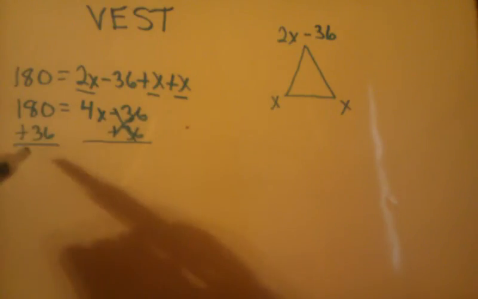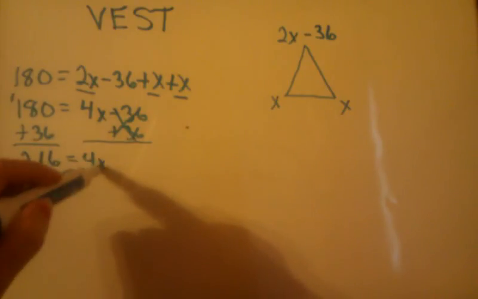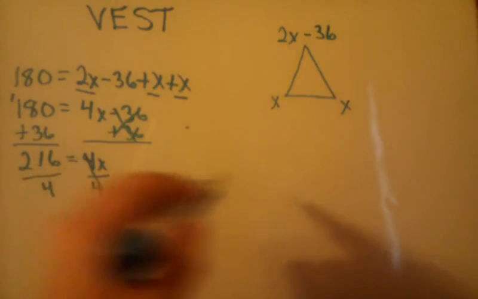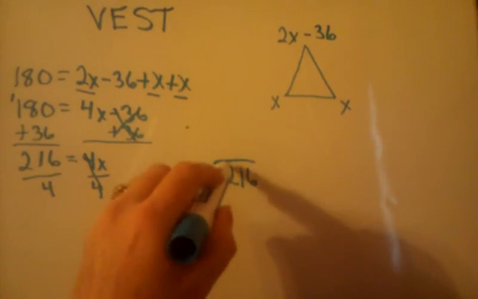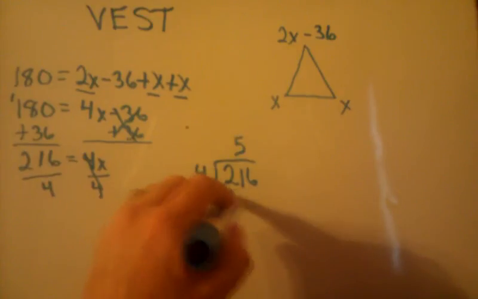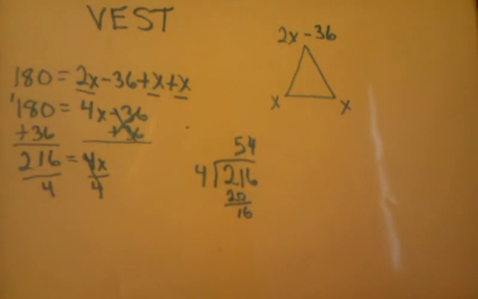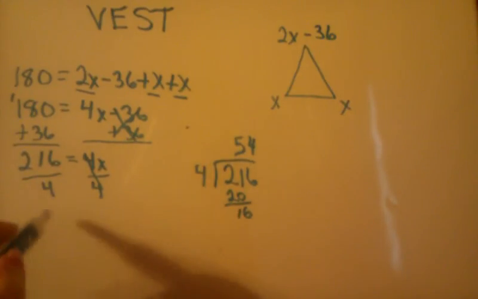Those are going to cancel out. 216 equals 4x. I have to divide both sides by 4. So I have 216 divided by 4. 4 goes into 21 5 times. And you may use your calculator. 4 goes into 16 4 times. Okay. So x is 54. 54 equals x.